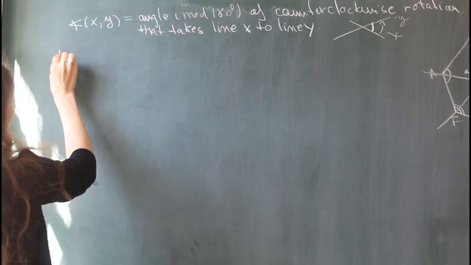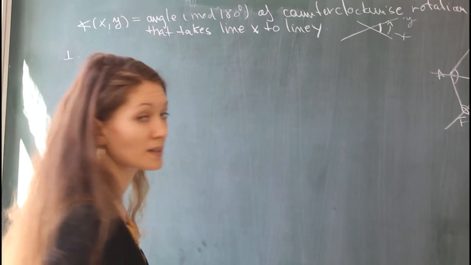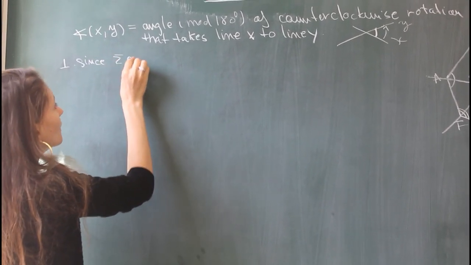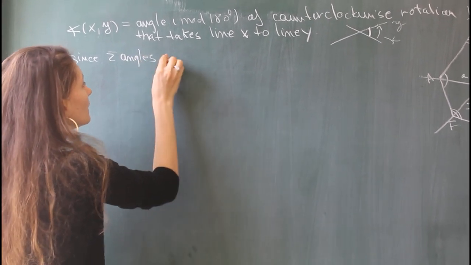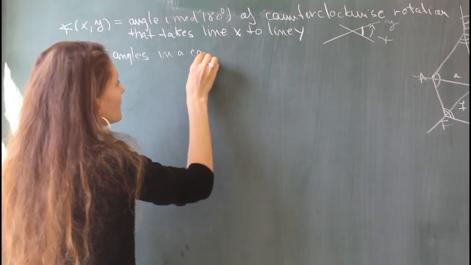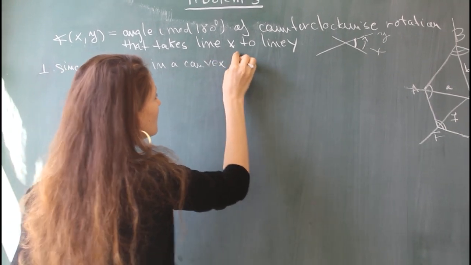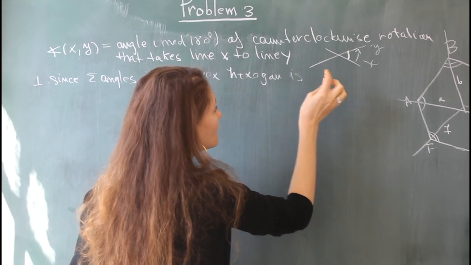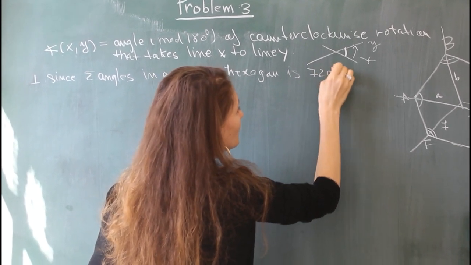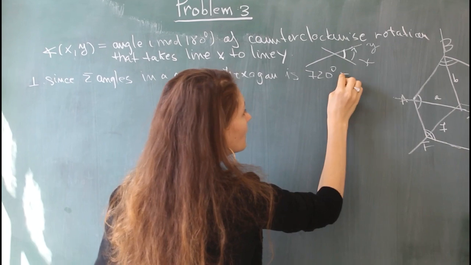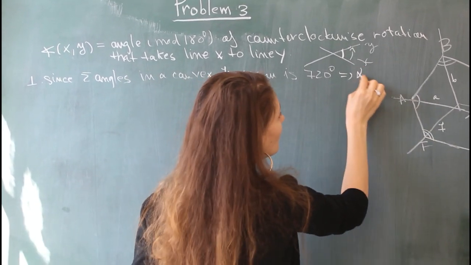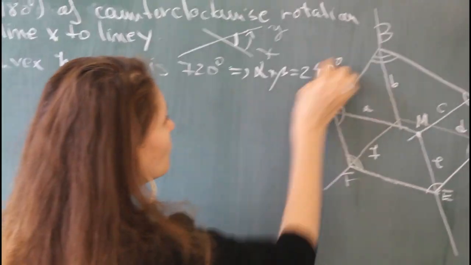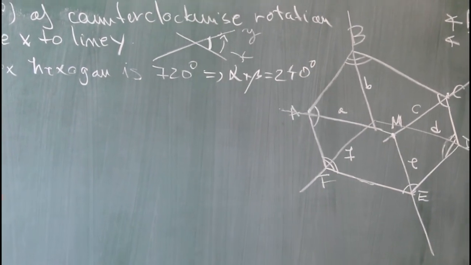The first observation that we can make is that since the sum of the angles in a convex hexagon is 720 degrees, we get that alpha plus beta is 240 degrees by a simple computation.